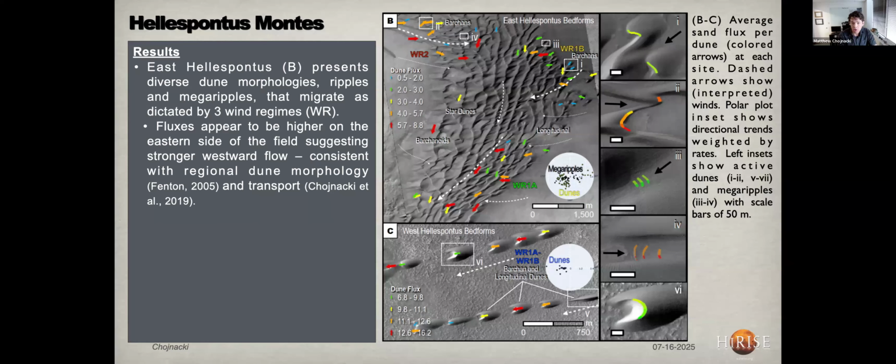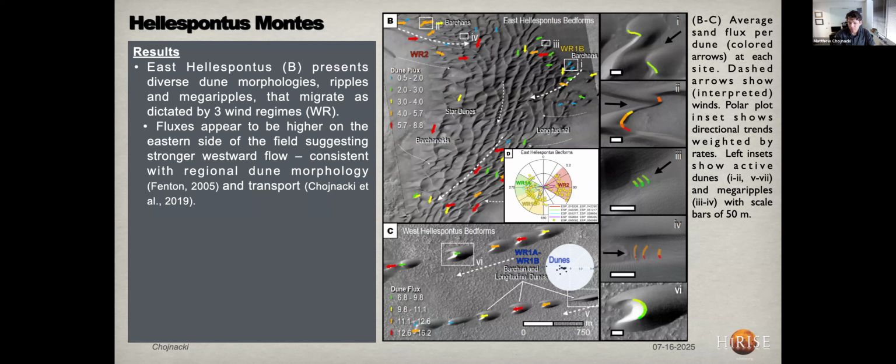And fluxes appeared to be a little higher on the eastern side, suggesting stronger westward flow. That's something that we noticed in the regional dune morphology and earlier looks at migration in the region.